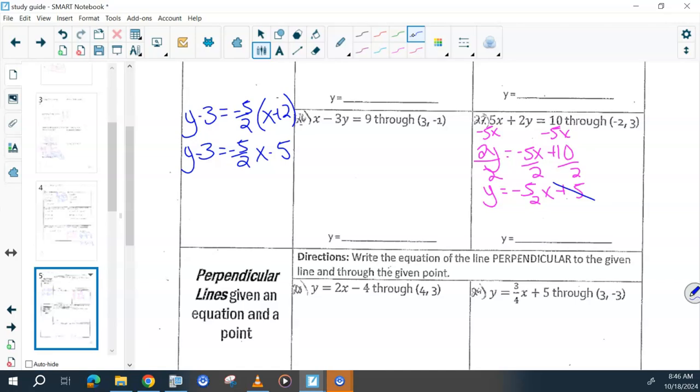So the 2's would cancel there, just leaving negative 5, and then we could add 3 on both sides. So that would be the answer that would go on that line. This equation is parallel to that original one because they have the same slope but different y-intercepts. Questions on that or other questions on page 5?